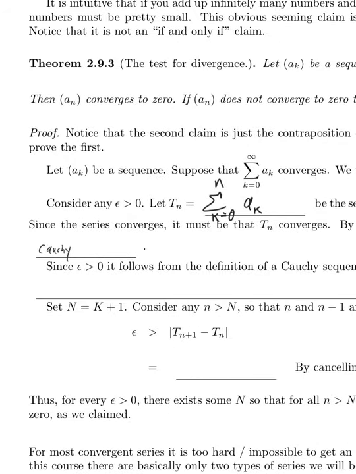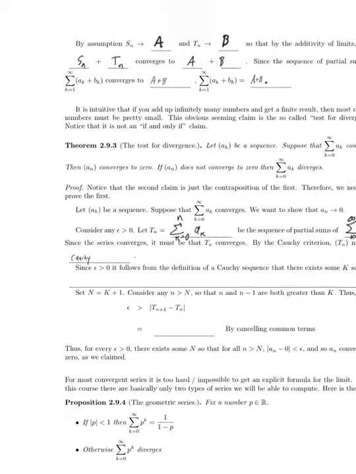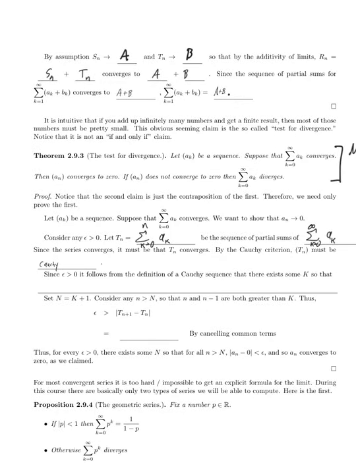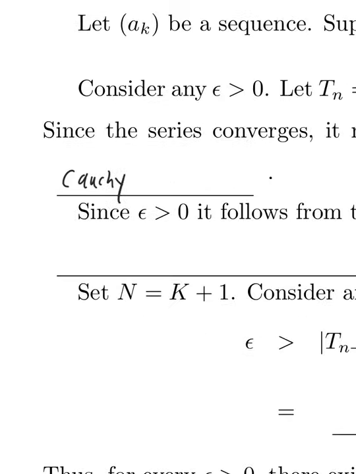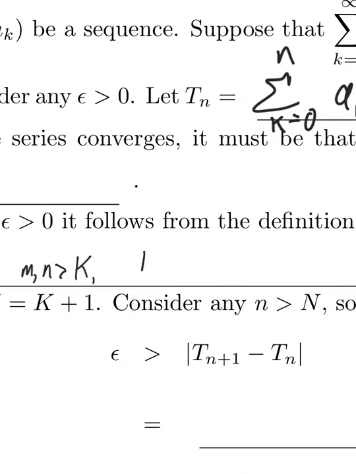Well, so let's use that. I'm just going to write down the definition of Cauchiness. From the definition of Cauchiness, since this epsilon is bigger than 0, there must exist some threshold value k so that whenever m and n are bigger than k, the absolute value of T_m minus T_n is less than epsilon.